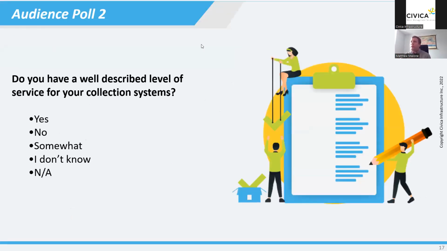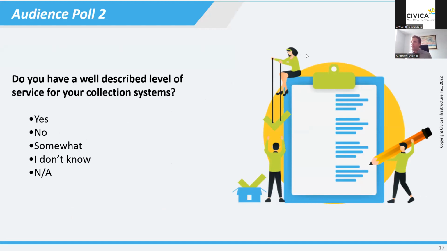So another poll that we decided on was to see if you have a well-described level of service for your collection systems, or at least in your perception of the level of service for your collection systems.